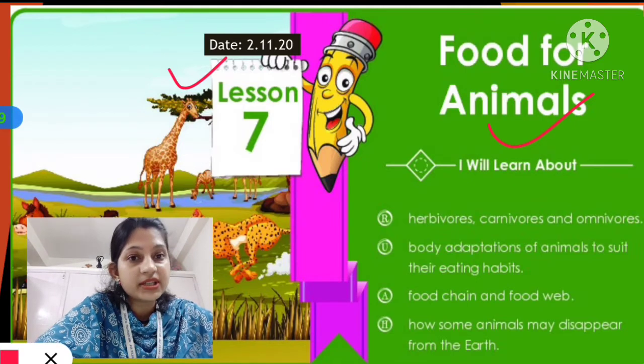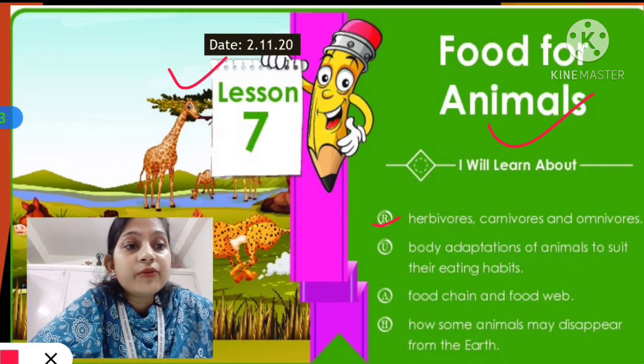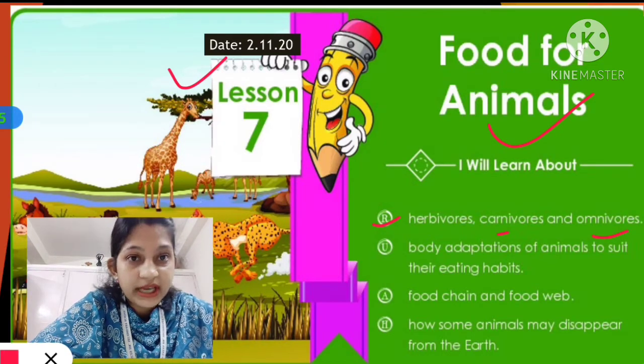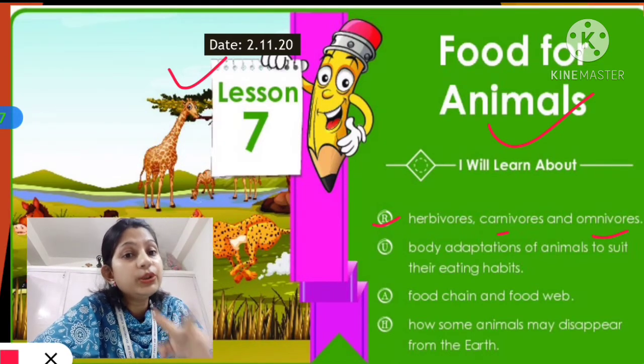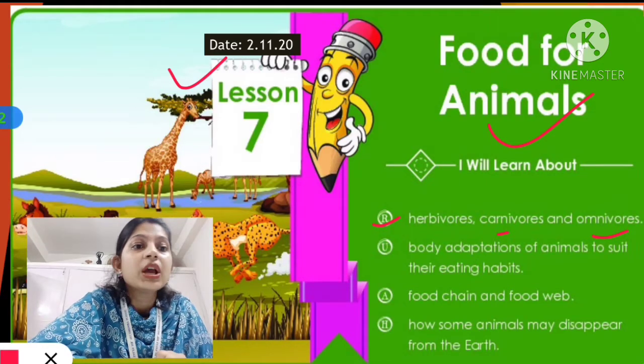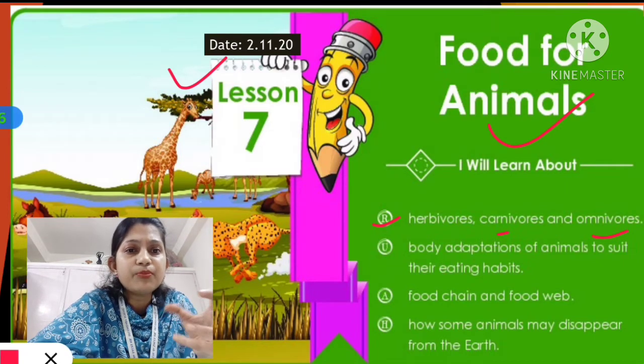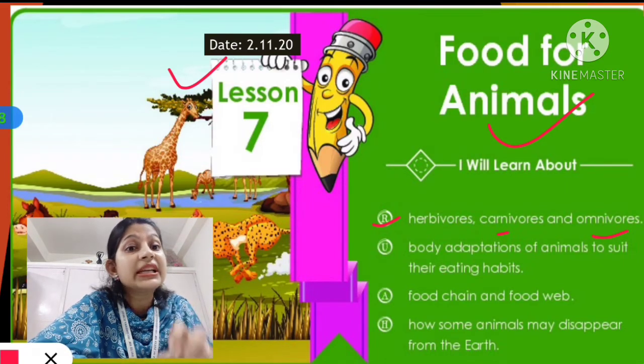In this particular chapter, we are going to learn about herbivorous, carnivorous and omnivorous animals, okay? And we should be able to differentiate between these types of animals. We will learn how these animals have some body adaptations as per the need of food.